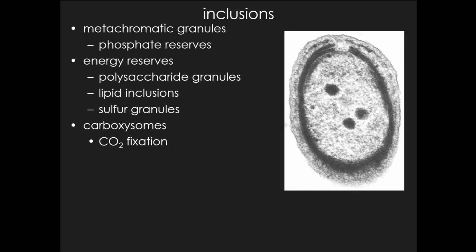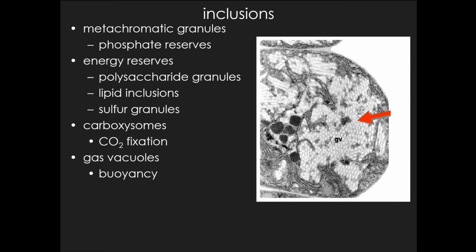So metachromatic granules, energy reserves, carboxysomes, gas vacuoles, which are kind of a fun inclusion that allows the cell to float. And floating is really important when you think about the fact that swimming takes energy and floating doesn't, right?